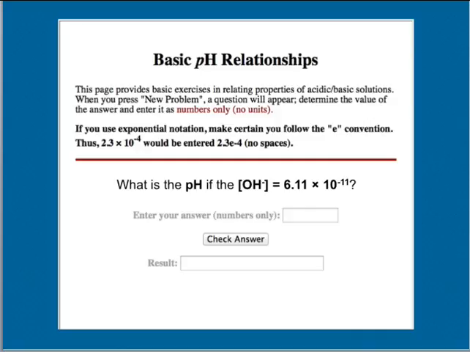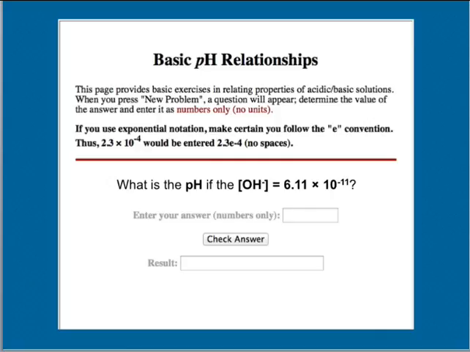But remember our fundamental relationship. Hydronium times hydroxide is always 10 to the minus 14. Always. So if we know hydroxide, we can easily calculate hydronium.